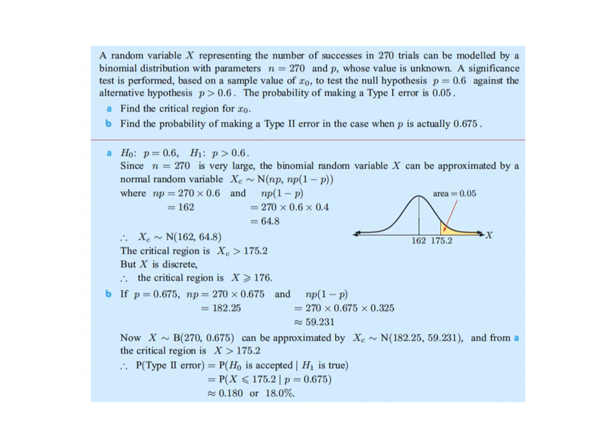This example is interesting because we start with a binomial distribution, but when the workout is done and the decisions are made, this binomial distribution is approximated with a continuous distribution. Why is that important or useful?